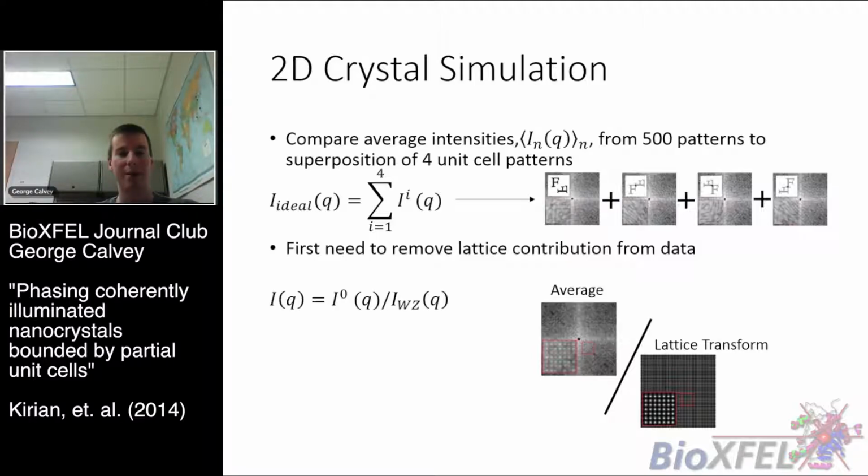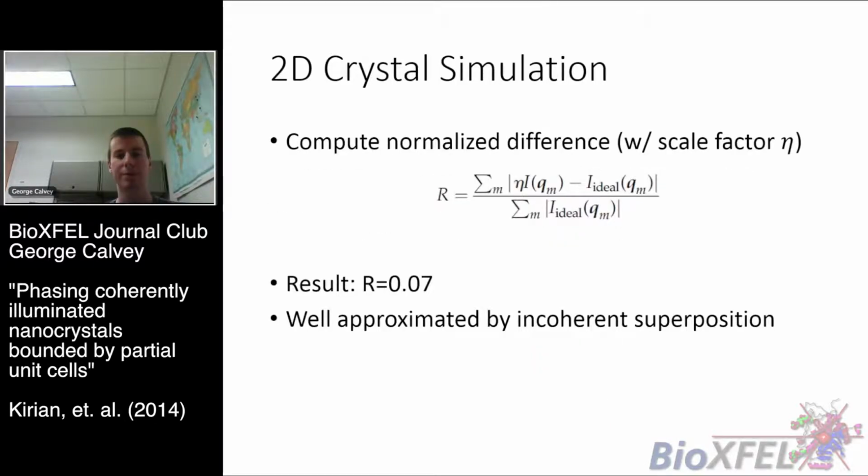They took the incoherent superposition of each of the 4 unit cells and summed it up. But they need to remove the contribution of the lattice transform from the 500 diffraction patterns. So after computing the average of the diffraction patterns, they divided out the lattice transform. And next they computed the normalized difference.